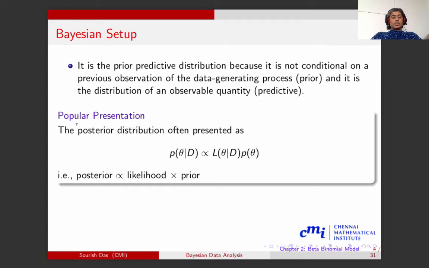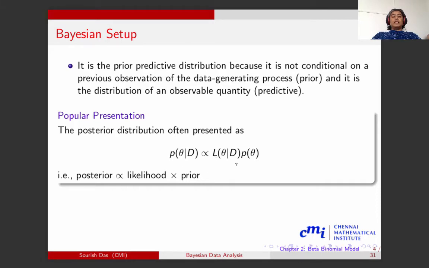A popular presentation of the posterior distribution is that the probability of theta given D is proportional to L of theta given D times P of theta. Posterior is proportional to likelihood times prior.